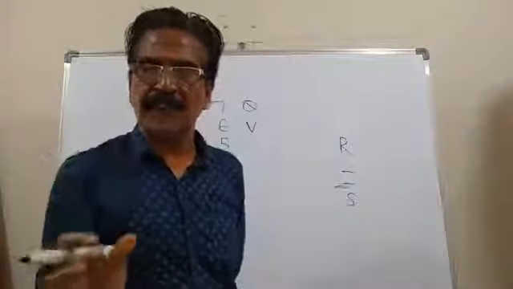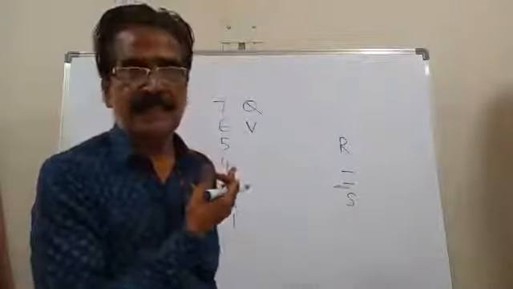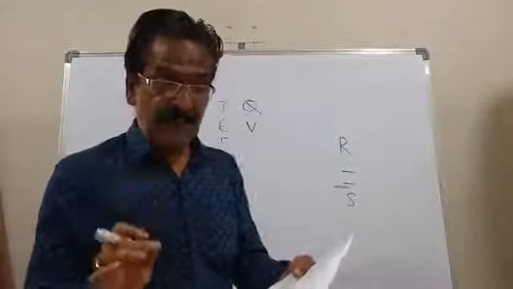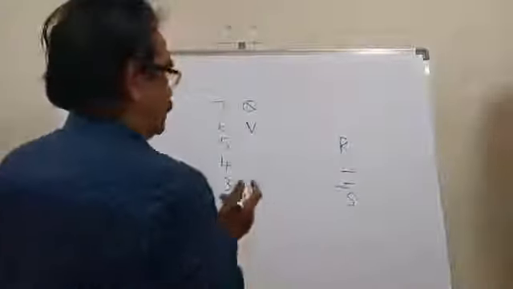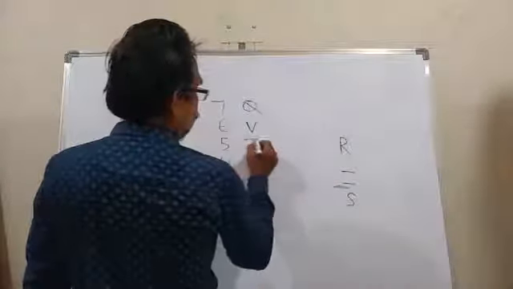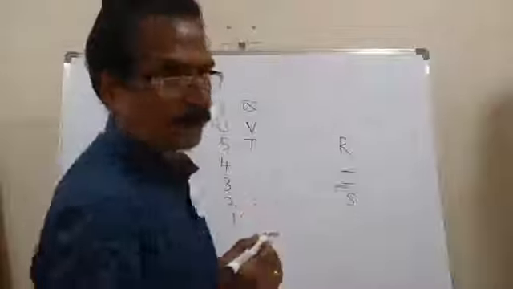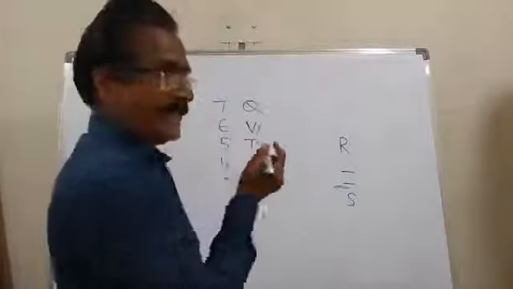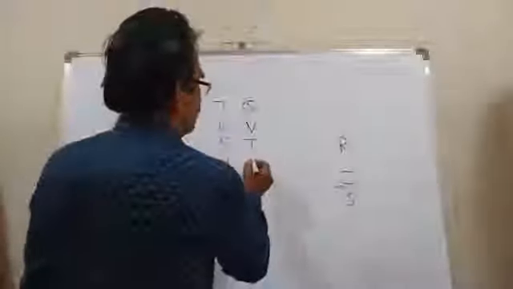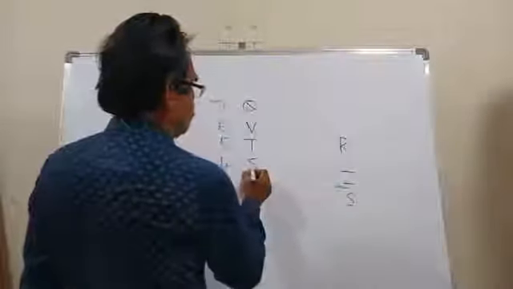Box V, let us see what happens. If box V is placed at 6th position, box V is an even numbered box just above box T. Then box T must come to 5th place. S and T are adjacent to each other, then S must be at 4th position.